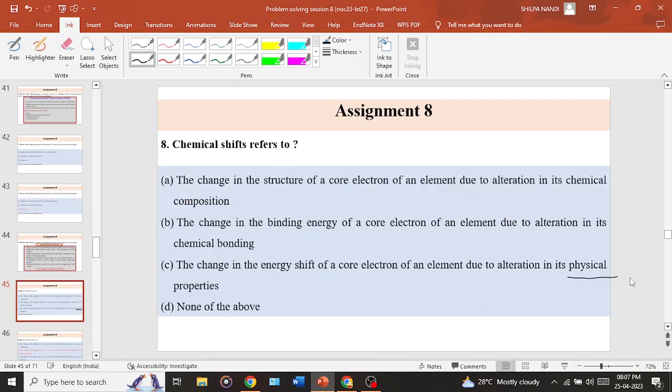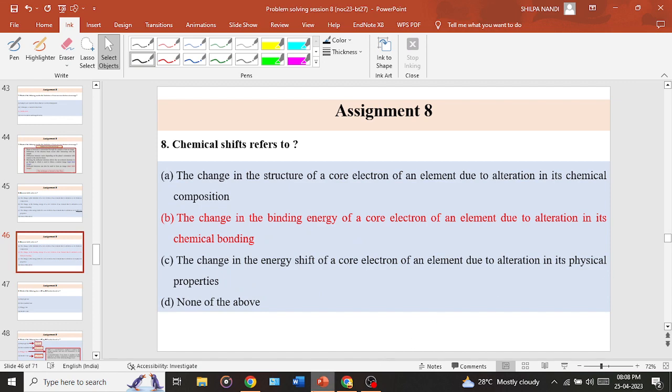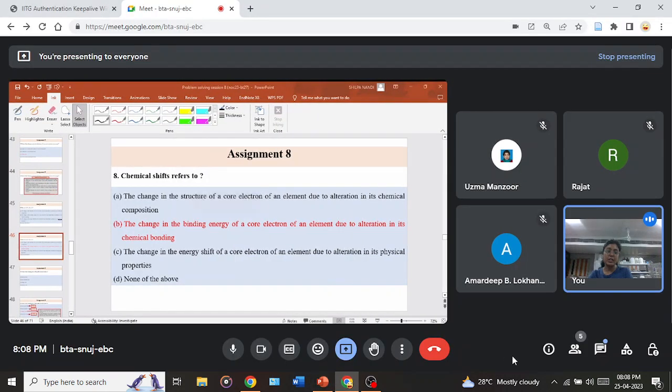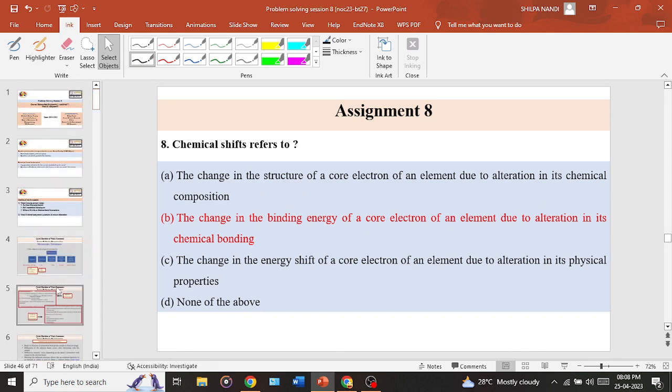And this particular chemical shift, we studied it in case of XPS, X-ray photoelectron spectroscopy. Let us go back and revise once.